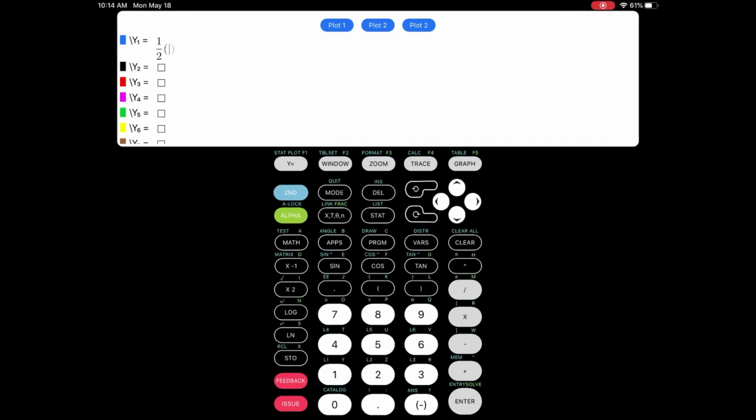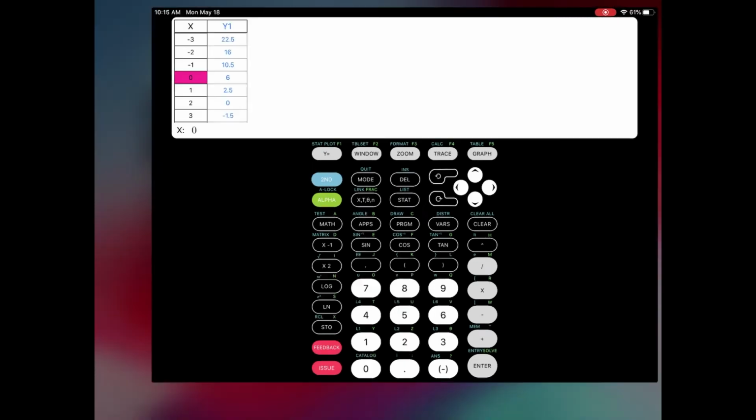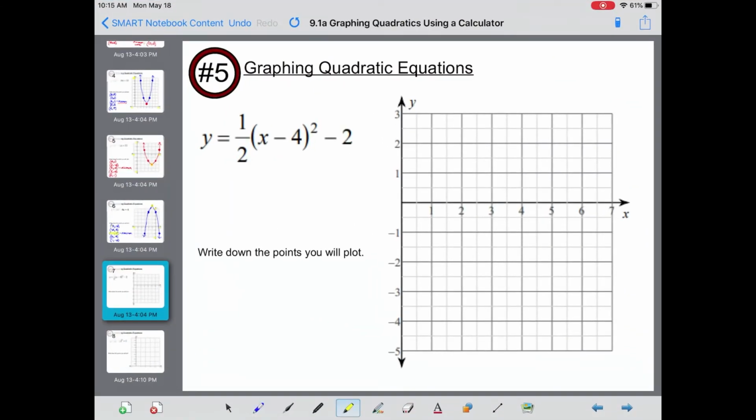So we have 1/2 parentheses x minus 4 squared minus 2. There we go. 1/2 (x minus 4) squared minus 2. Take a look at that graph. So we see it's a positive. It opens upward. And we're going to look at that table.